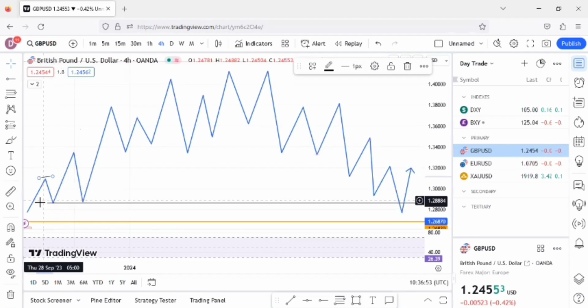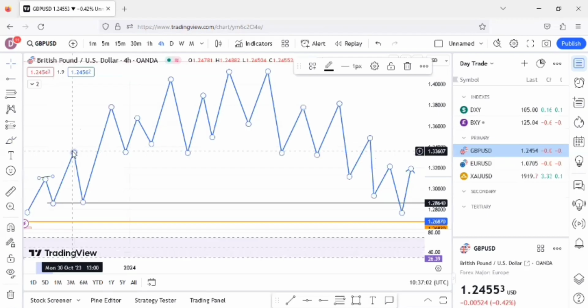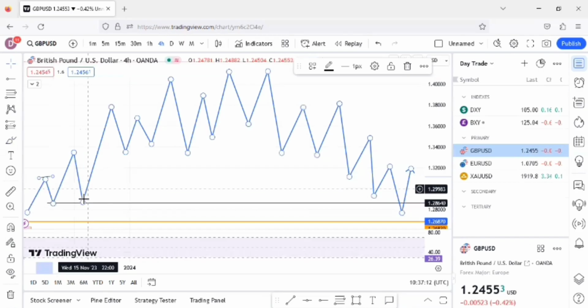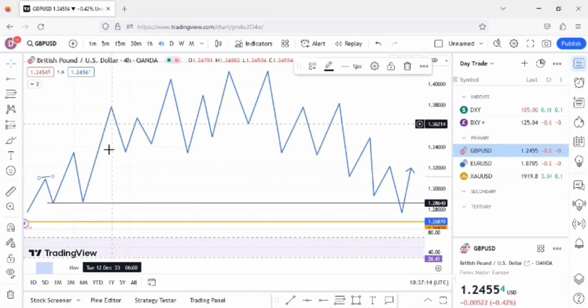So as a demand and supply trader, as soon as there is a move in the market, the impulse leg, we call this the impulse leg. As soon as you have an impulse leg and a pullback, it is good. Wait for it to pull back to a demand level where you have the presence of buyers, then you join them to buy. That is when you're going to see a massive move, a massive impulse leg again.